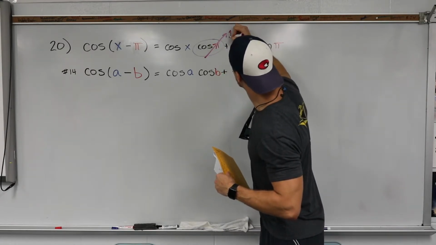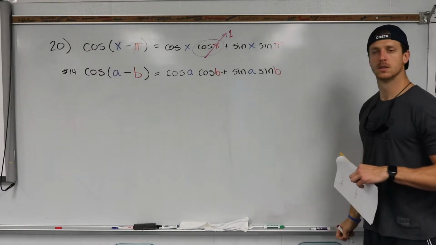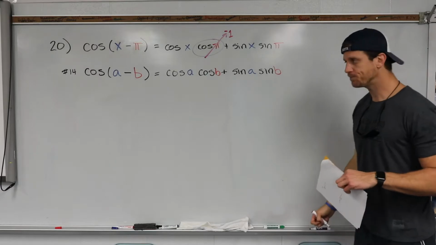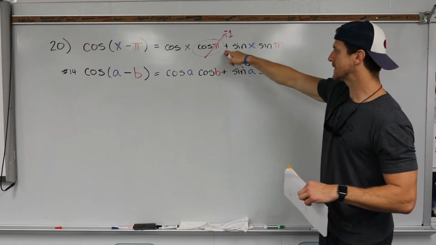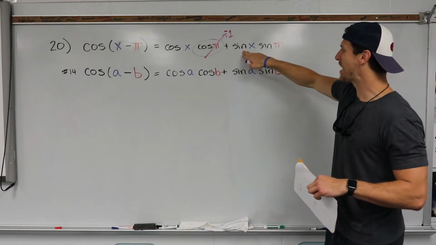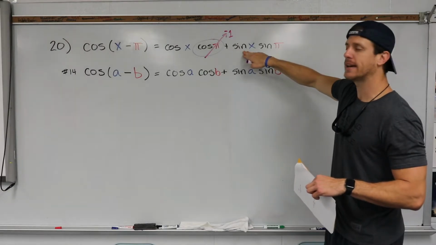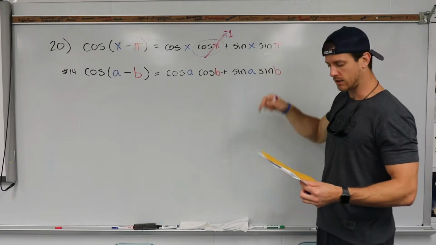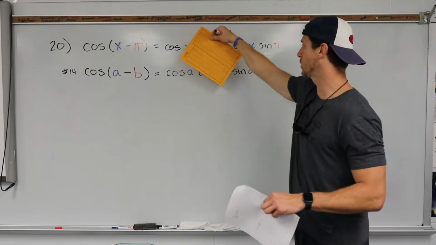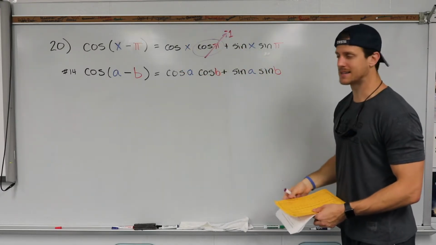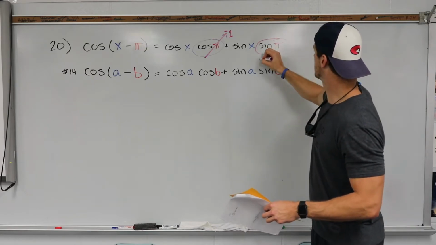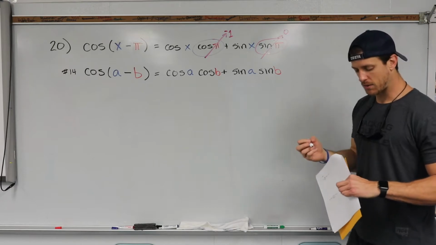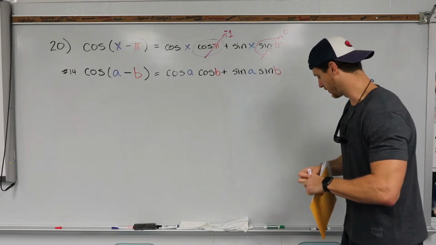And we're going to say this is equal to negative 1. Plus sine of x, which is the sine of x, but then sine of pi. Looking at your identity sheet, which is where I got that from, sine of pi goes to 0. Okay? So I'm going to just rewrite this just for the sake of it, you know.